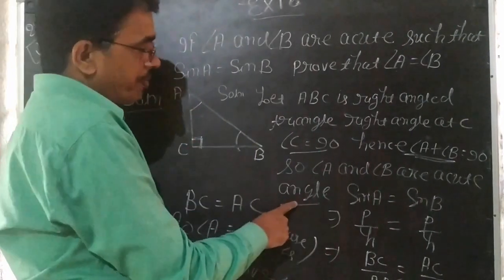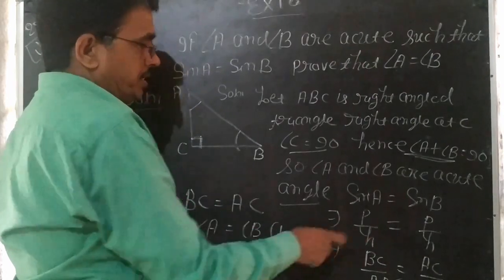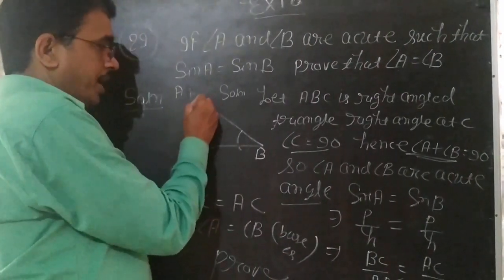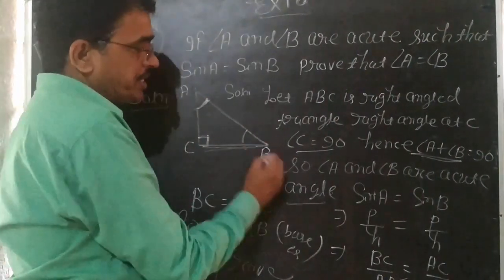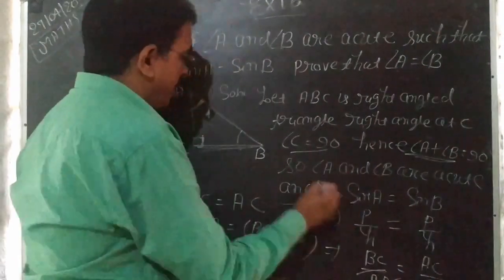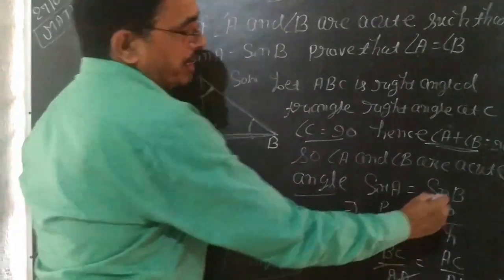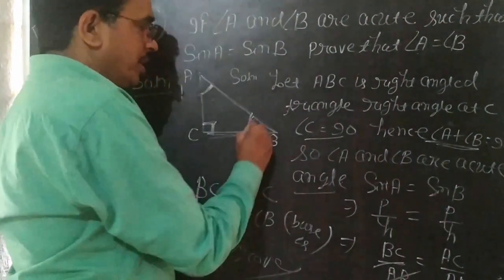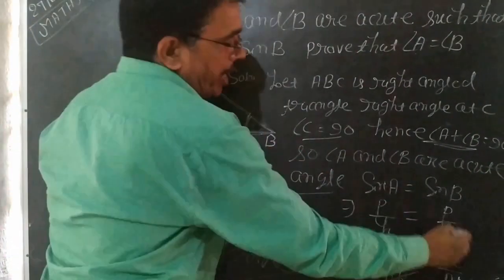And you have given that sin A is equal to sin B, sin is equal to P by H. So for angle A, P is BC. So I write P is BC. Hypotenuse is AB, clear, because opposite of right angle is hypotenuse. Sin B is here, then opposite of this angle is perpendicular, that is AC. So I write here AC.